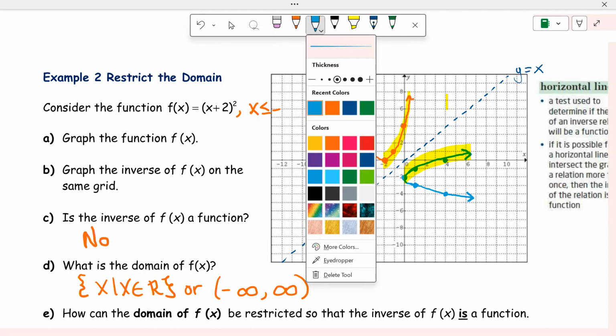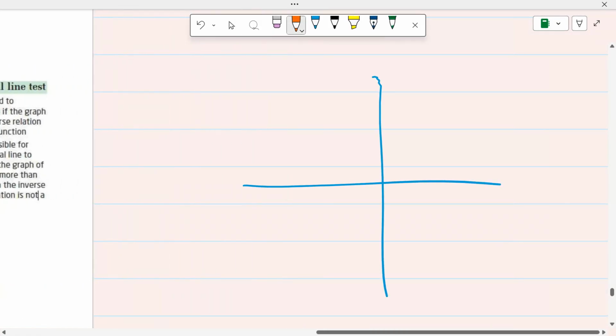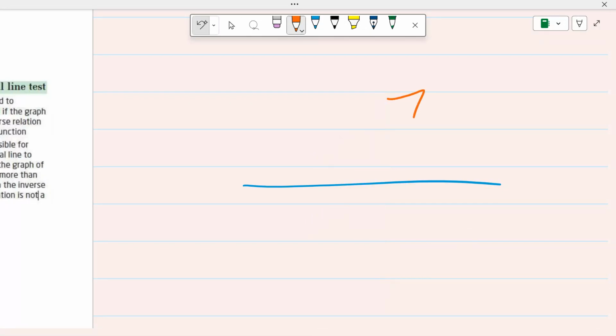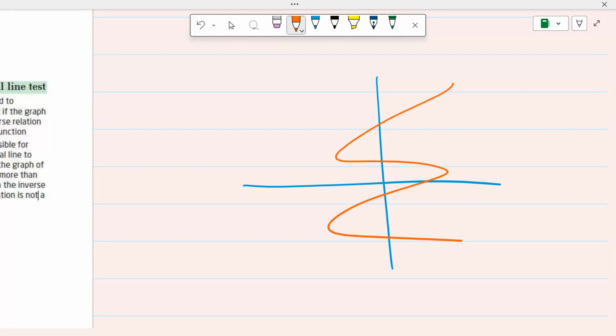Like if I drew again, oh, thank you. If I drew that graph, that's not a function. Are there points on top of each other on the orange graph? There's points on top of each other, so that's not a function.